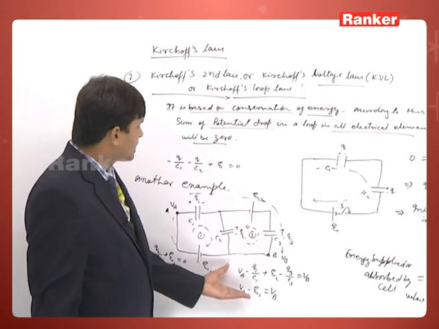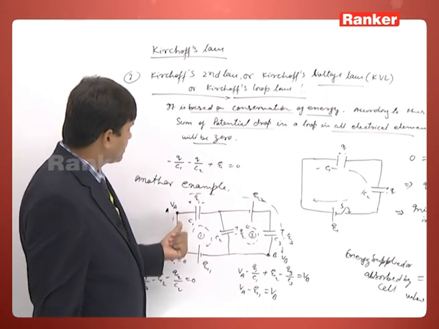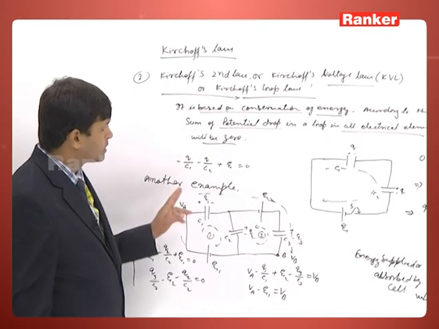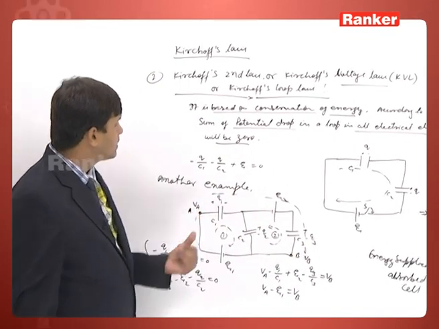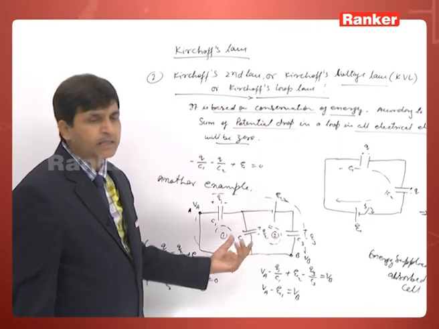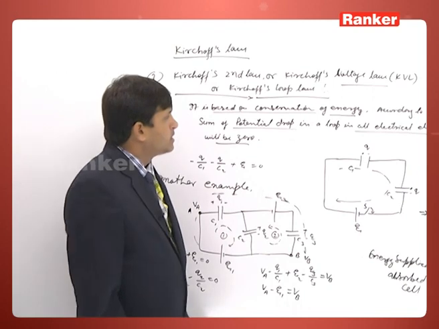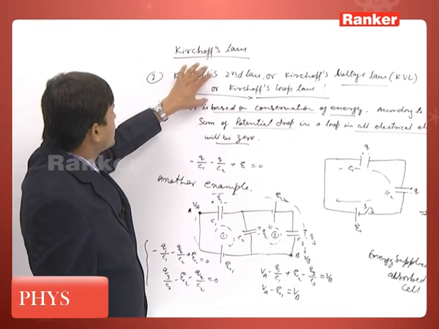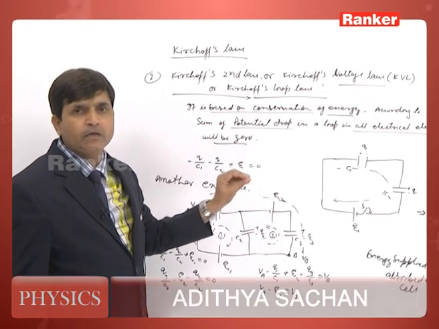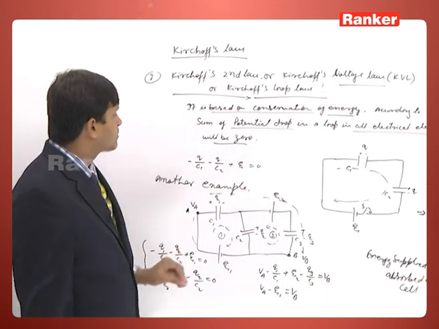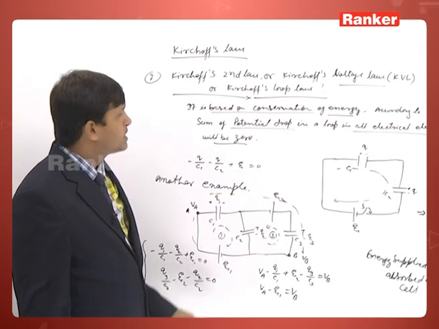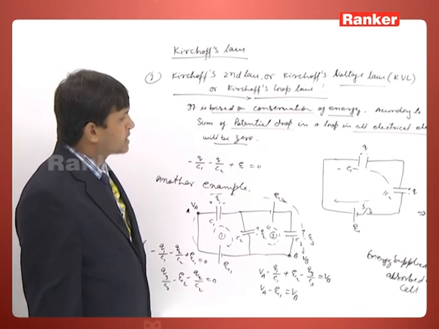So you can apply Kirchoff's second law across any 2 points as well as in a loop, and in a loop you can go either clockwise or anti-clockwise, it doesn't matter. So these are the 2 Kirchoff's laws. With the help of these 2 laws, you will be able to solve almost 90% of problems related to charge distribution in a capacitor. See certain examples one by one.